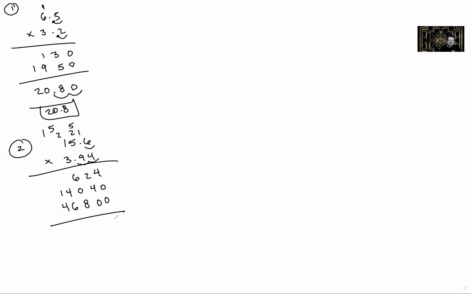Okay. Add straight down. So I get 4, 6, 4, carry the 1, 1, carry the 1, 6. So I have 61464. And then I'm going to move that decimal over 3 times. So 1, 2, 3 gives me an answer of 61.464.